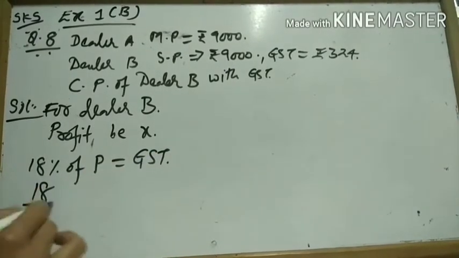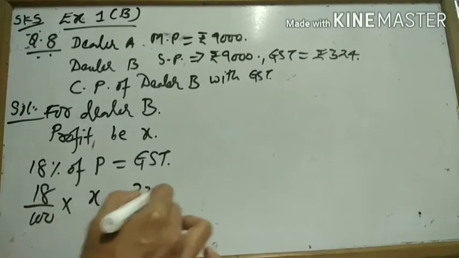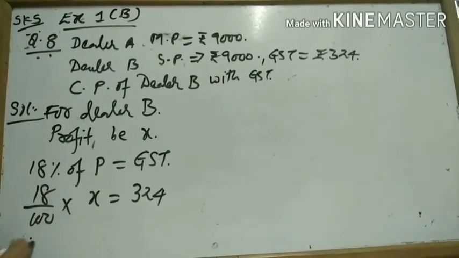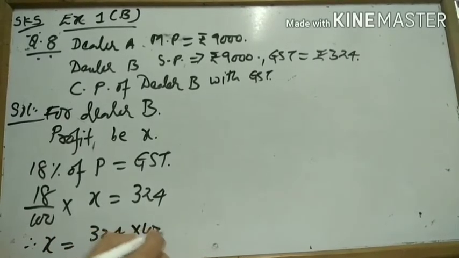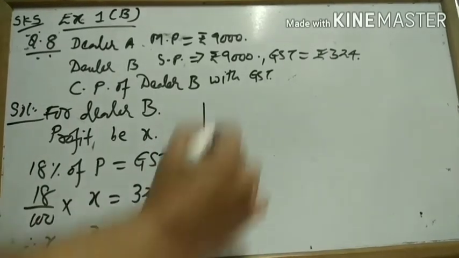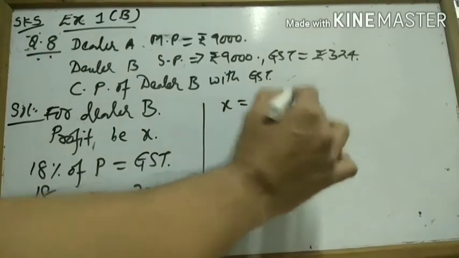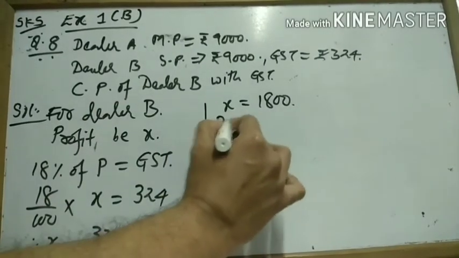So 18 over 100 multiplied by his profit, which we do not know, we have taken it as X, and GST paid is rupees 324, that is mentioned over here. Rate of GST was 18%. So X will be equal to 324 into 100 upon 18. And from this you will be able to calculate X as rupees 1,800. So what is X? X is the profit for dealer B.